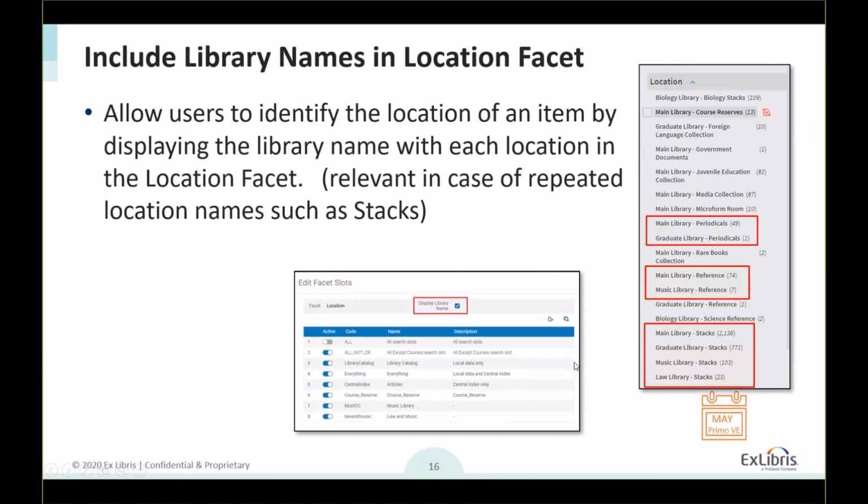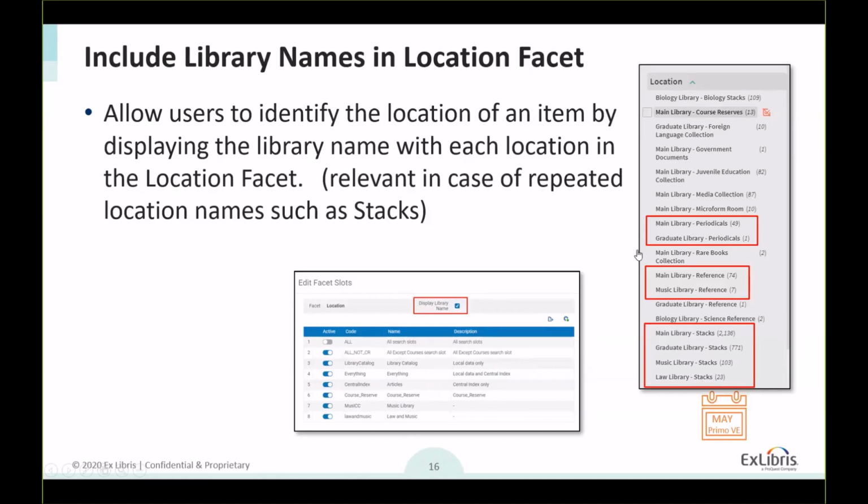Without the library name here, when the value is repeated, like stacks several times, without the library name as a prefix, it was hard for the user to understand and identify the specific location. So now you can choose in the facet location to display the library name, and it will help the user to better identify the location.